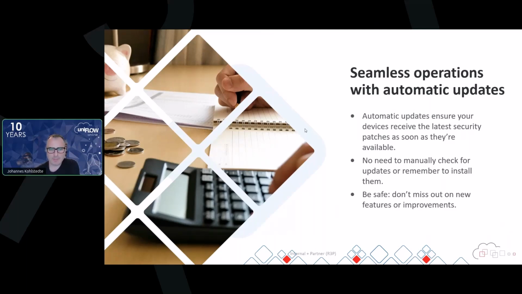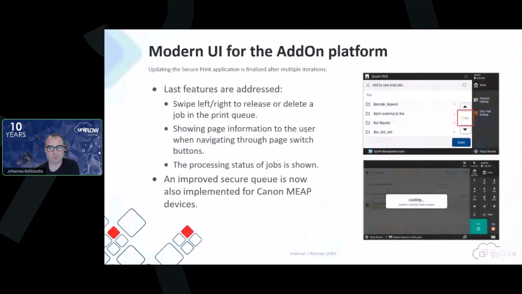We have a couple of smaller features which I also want to quickly mention. One is that we finalized the rework of the secure printing of Addon devices. We have added the swipe left, swipe right for those devices, as well as a page notification if you have so many jobs that you have multiple pages to scroll through, as well as the job statuses being shown.